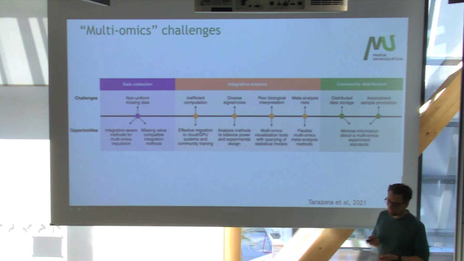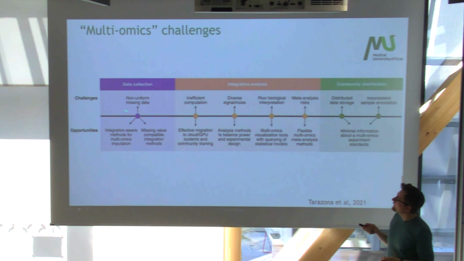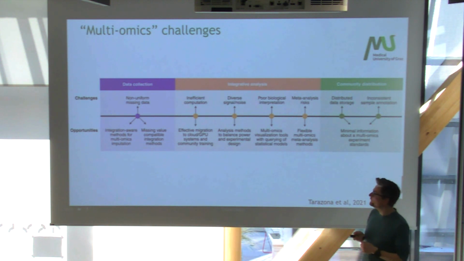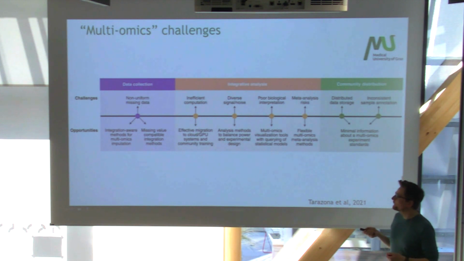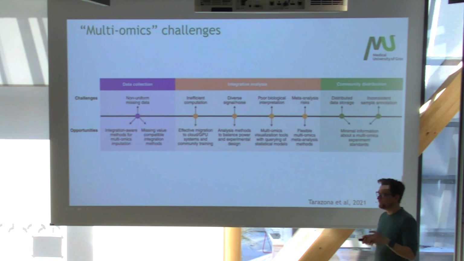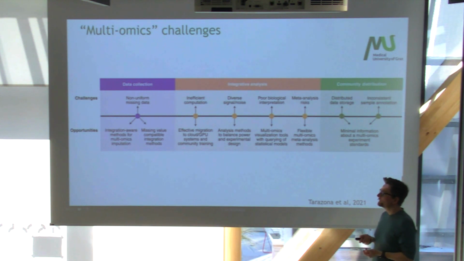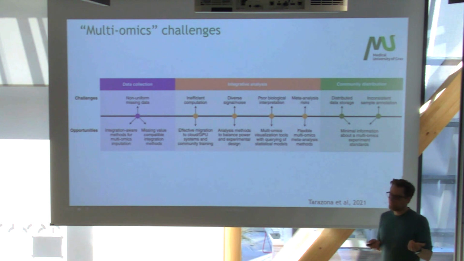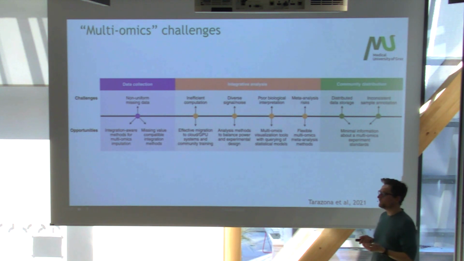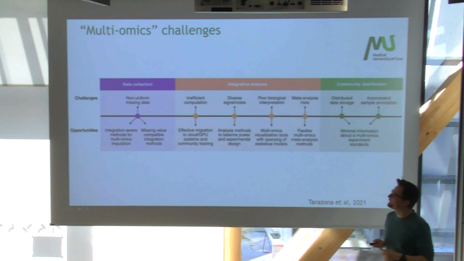There are typical challenges. It starts already with the data collection. Usually the data is not uniform. We have missing values. You also have to imagine that the depth of analysis is totally different. We can go really deep when it gets to genomics, but in comparison to proteomics, we can maybe just target certain proteins due to the different chemical properties.